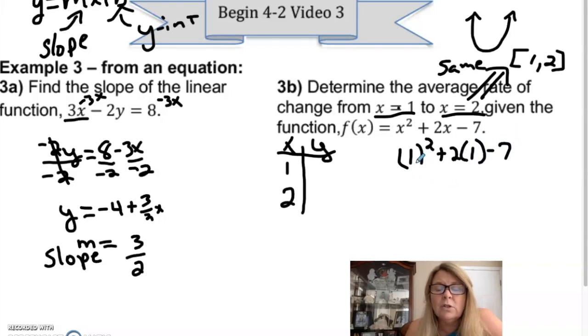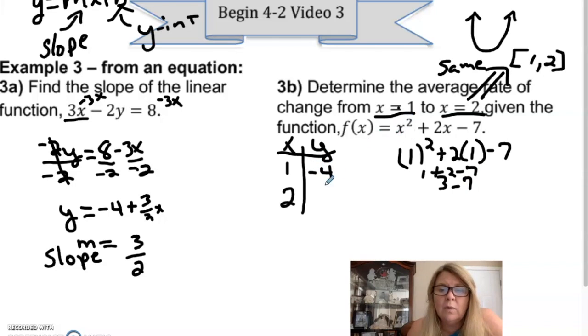Now I'm going to caution you, remember if you are using your calculator, when you plug in values, you need to use your parentheses around them so that if you have a negative number and you're raising it to a power, your calculator actually calculates that correctly for you. So when you take this, you're going to get 1 plus 2 minus 7. So that's going to be 3 minus 7, which would be a negative 4.